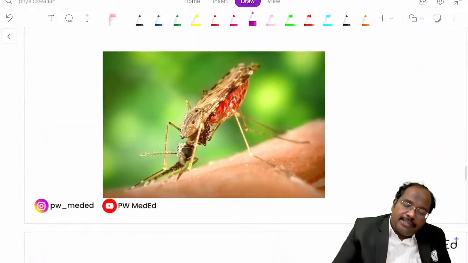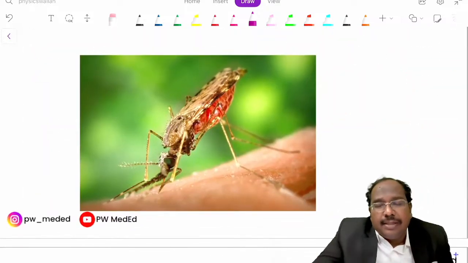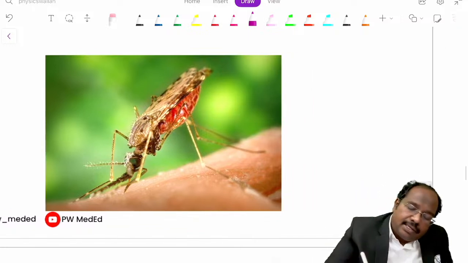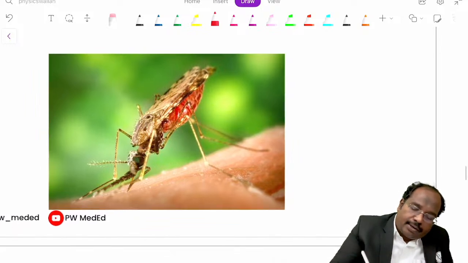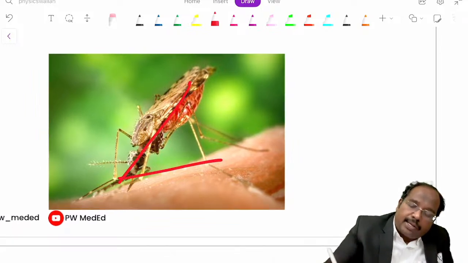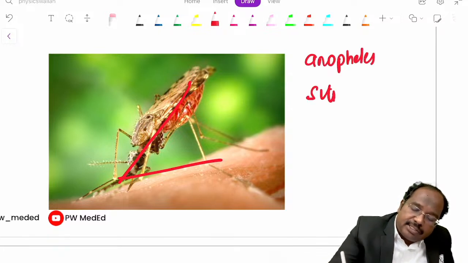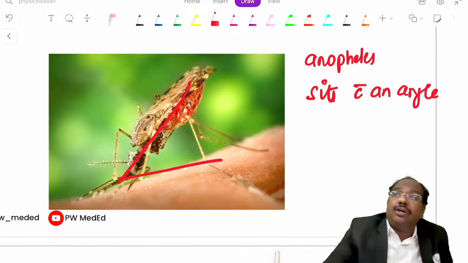Can you tell me what is this vector? This has been asked as an image-based question multiple times. Yes, good doctor. This is Anopheles. Anopheles sits at an angle to the surface, guys.